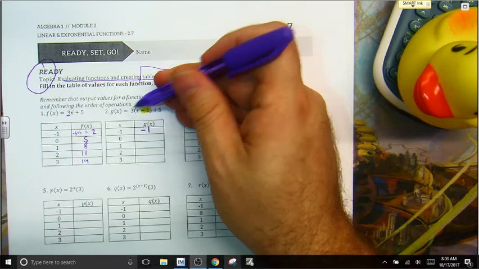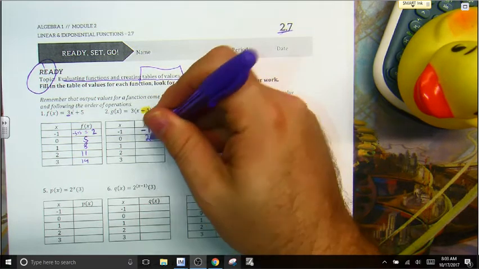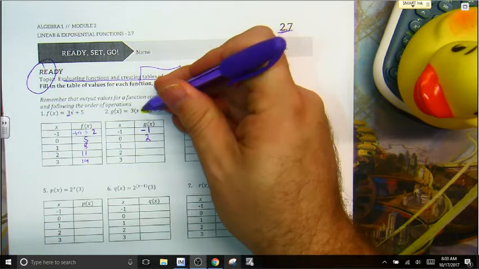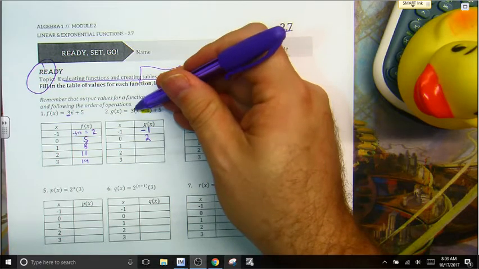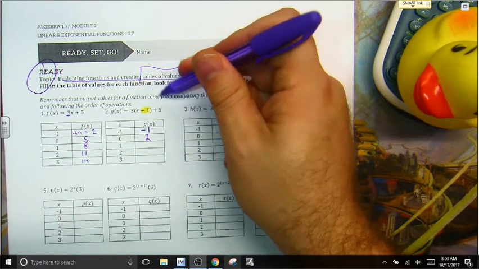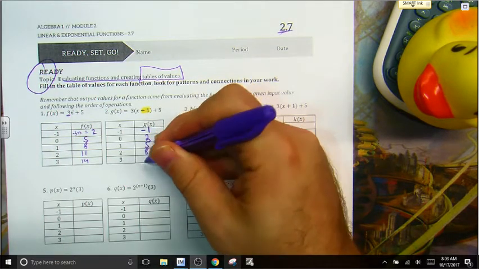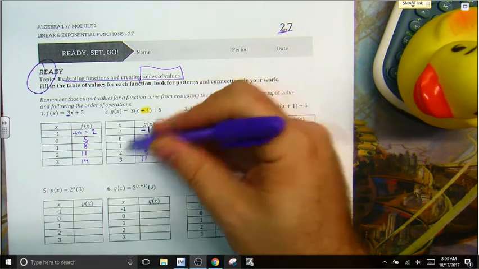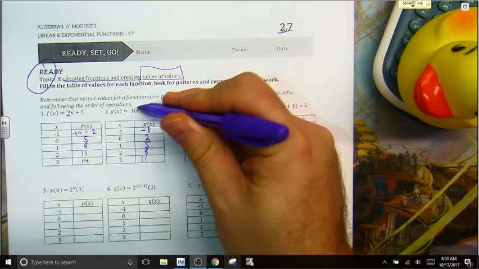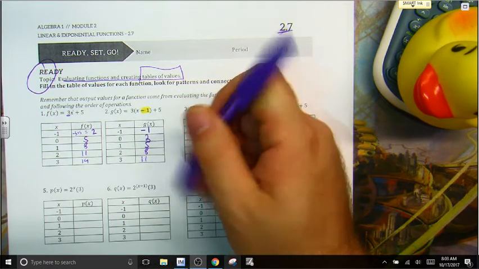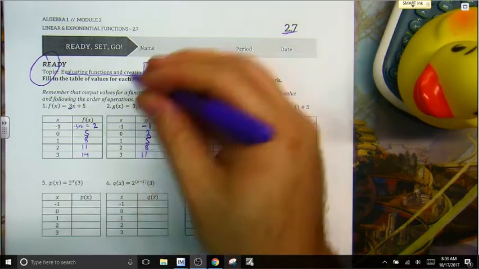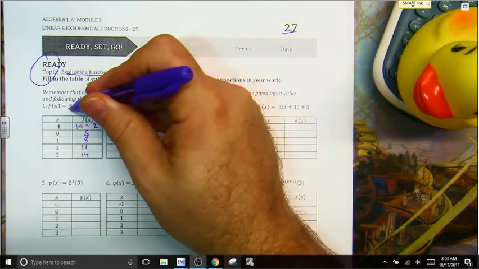Negative 3 plus 5 is 2. 1 minus 1 is 0. 0 times 3 is 0, plus 5 is 5. And we can start to see our pattern emerge: 8 and then 11. 3 minus 1 is 2, 2 times 3 is 6, plus 5 is 11.